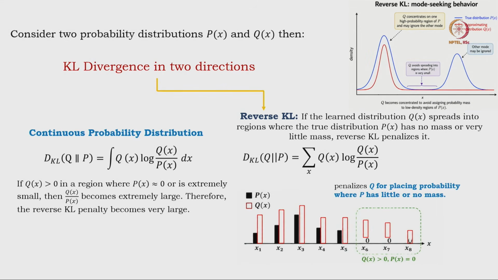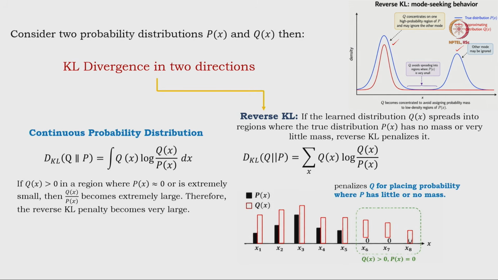What if you have two modes here? So if you look into this particular diagram, we have two modes. Right. So now when there are two modes, what is Q of x doing? Q of x is focusing only on one portion. So when it is focusing only on one portion, the other portion it is not at all capturing.